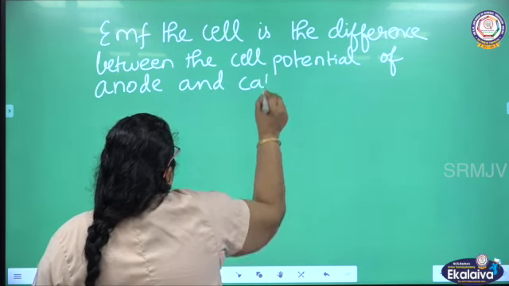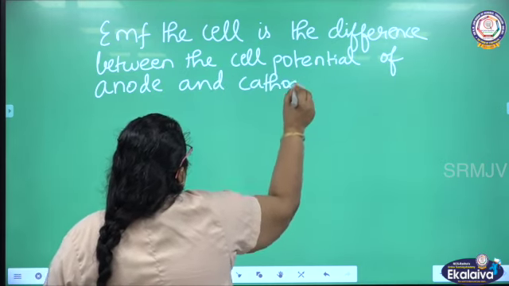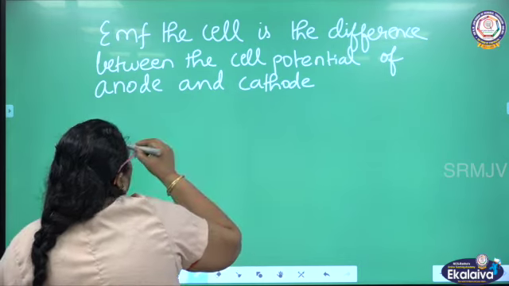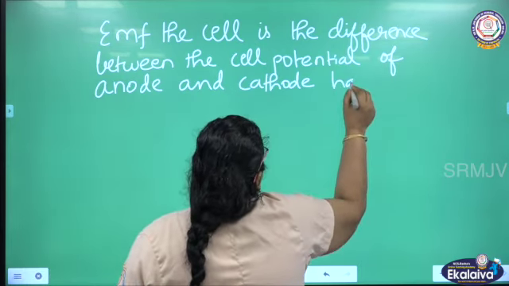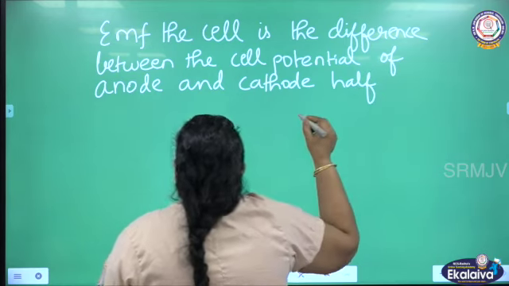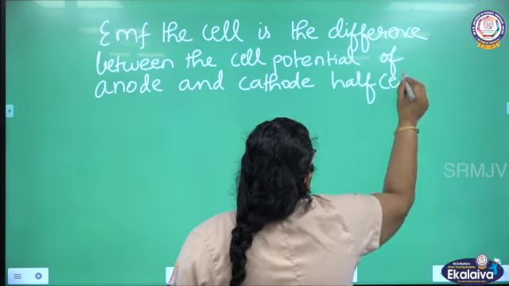Let me see what is the anode of the cell, what is the cathode of the cell. So, if you find out the difference between the cell potential of anode and cathode of the cell, we can get the EMF of the cell.